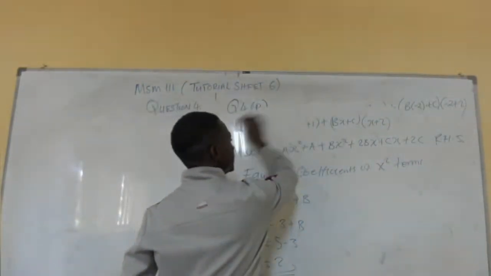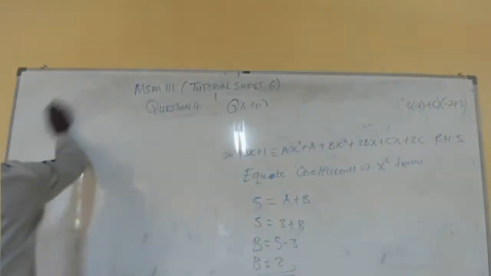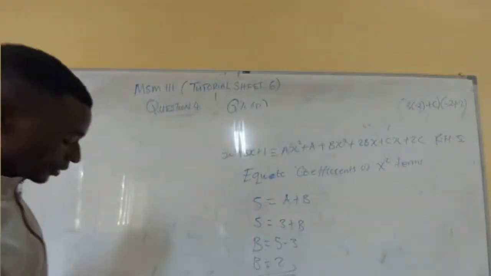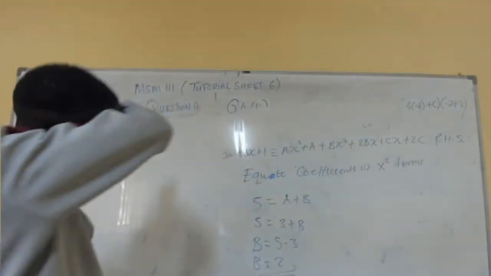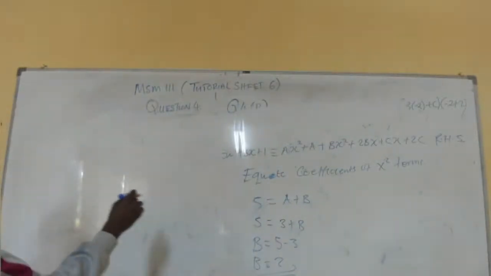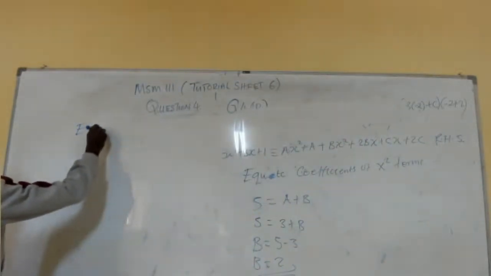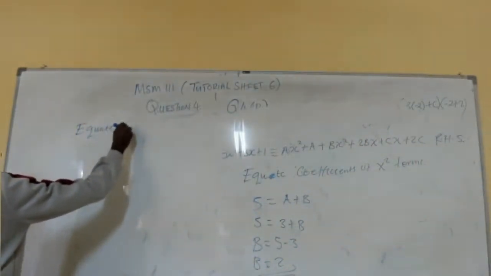So now let's find the value of c. To find the value of c, you equate the constant terms.